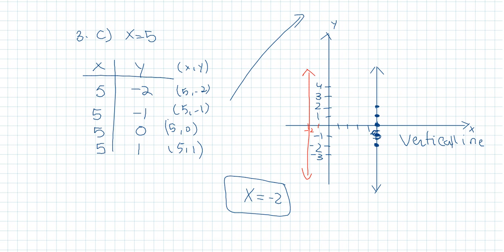If they gave me an equation x equals 7, I'll just go to the 7 and draw a vertical line going down, passing through 7. So whenever they give you x equals something, you know it's a vertical line. Are we okay with that?